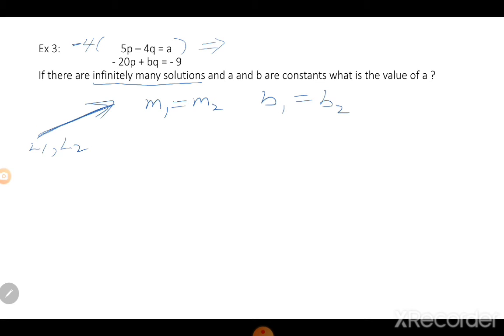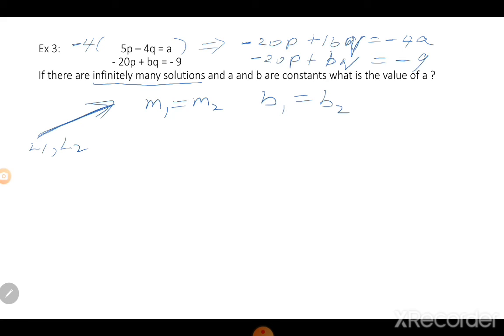So this becomes -20p plus 16q equal to minus 4a, and in this one, this is minus 20p plus bq. So there's a q here, sorry. So there's bq equal to minus 9.